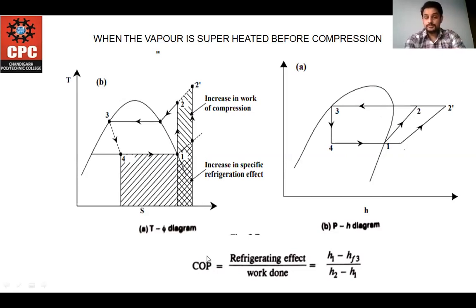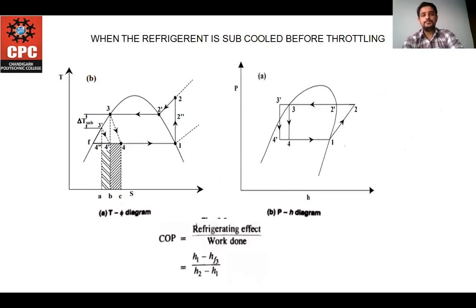So you can say that the COP can increase. But the thing is, to bring dry vapors up to superheated vapors, it requires a high amount of work done. That's why the COP is in that case not increasing.